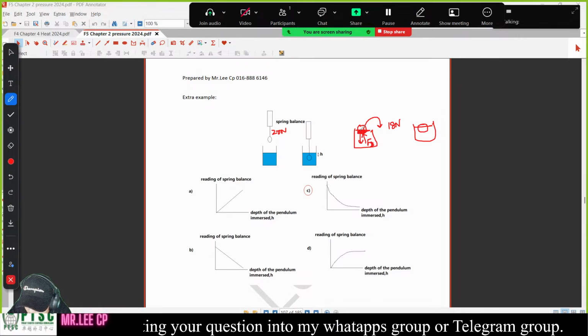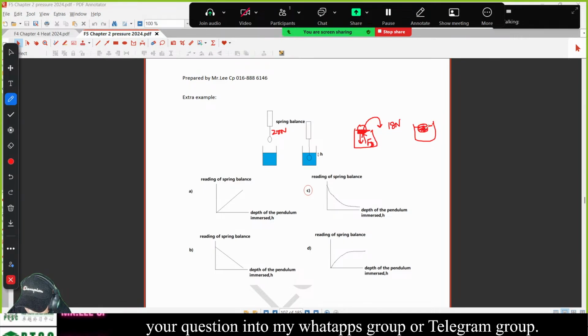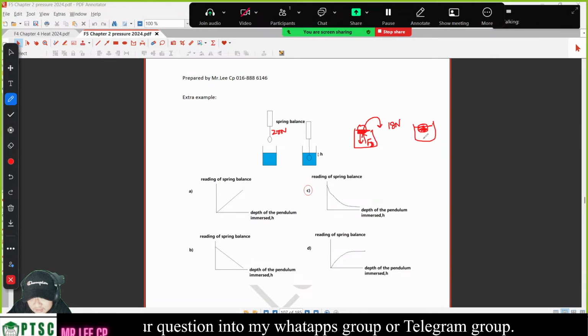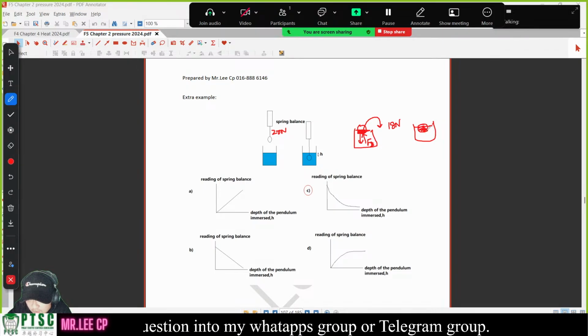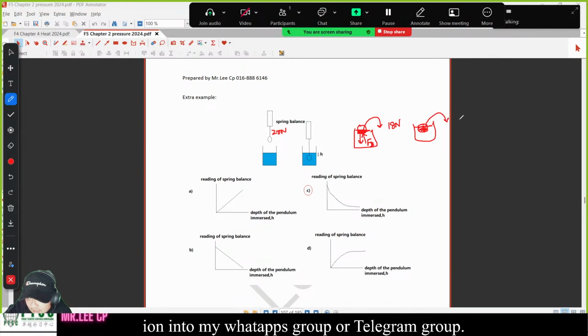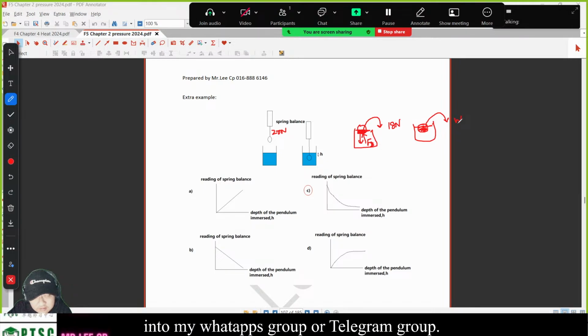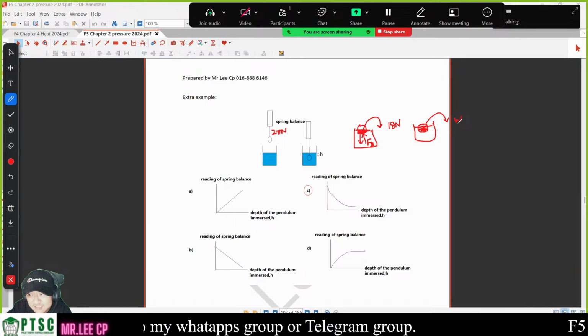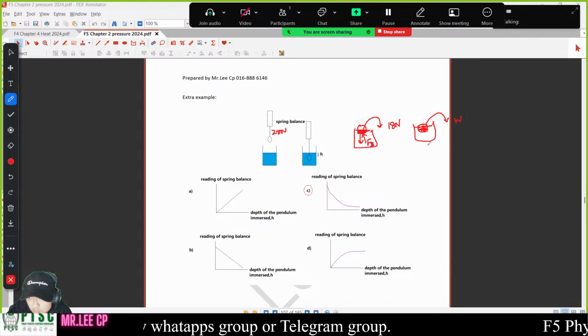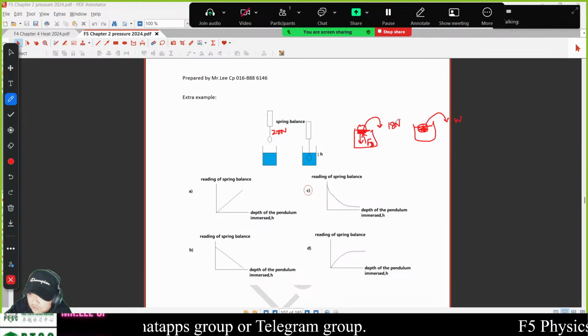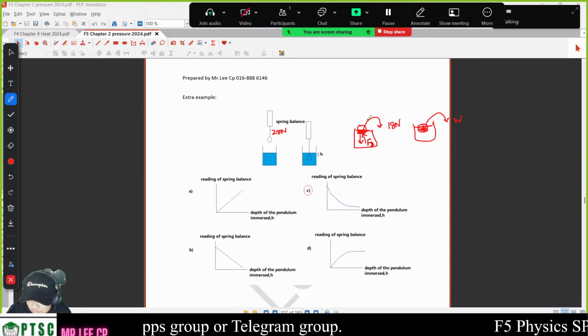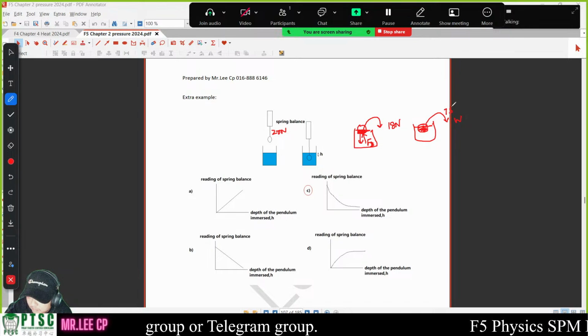If you lower it down further, the ball goes in more, so the more the water is displaced. The more the water displaced, the higher the buoyant force, so more buoyant force pushes upward. So the reading goes from 20 to 18 to maybe 15.